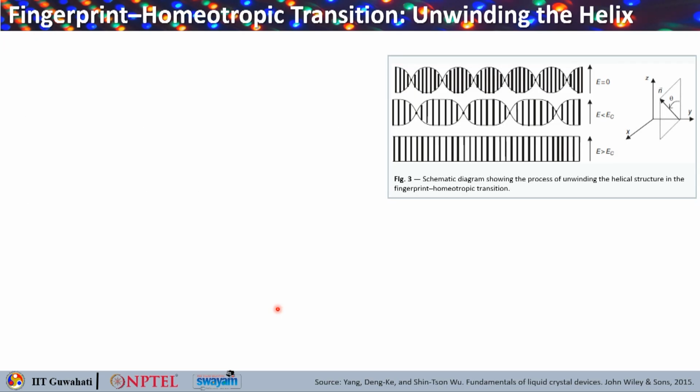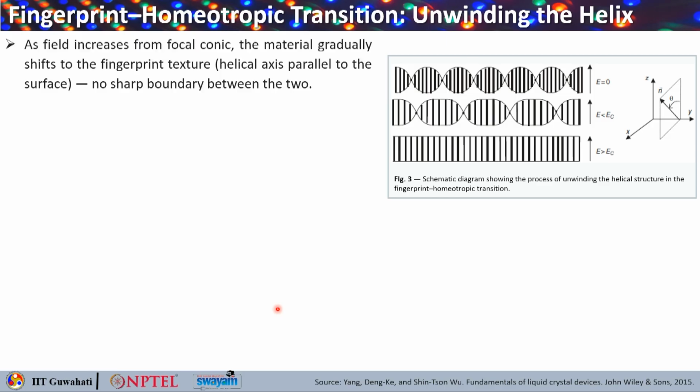Now if you look into the fingerprint to homeotropic transition, here is what happens. As the field increases from focal conic, the material gradually shifts towards the fingerprint texture, where the helical axis is parallel to the surface.